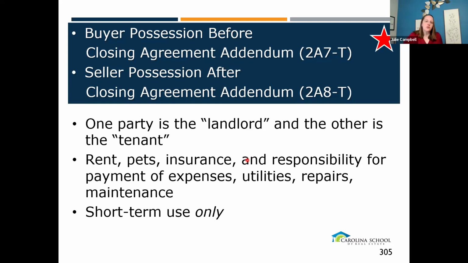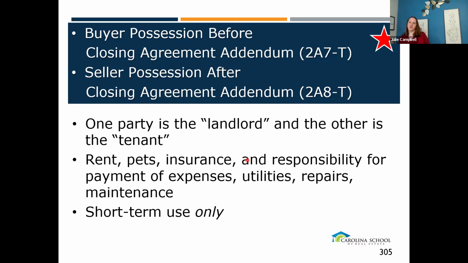These forms also spell out that the one living there is responsible for utilities, lawn care, things like that. Again, this is short-term use only. I'd say typically 7 to 14 days, if that. 14 might be a stretch. If you have anything more than that, then you want to have an attorney draft up a lease, or maybe use the pre-printed lease that the forms committee provides us.